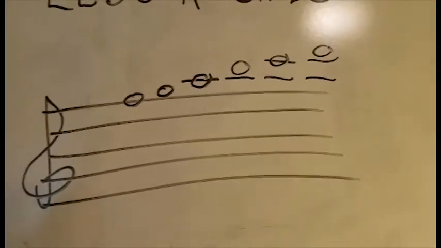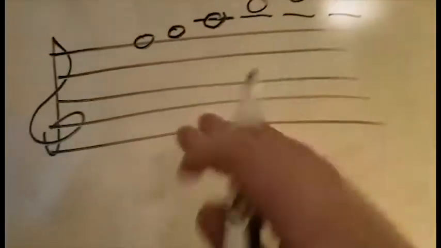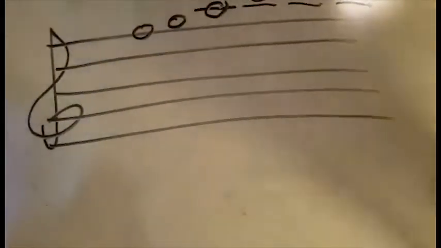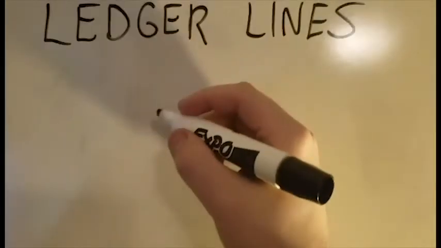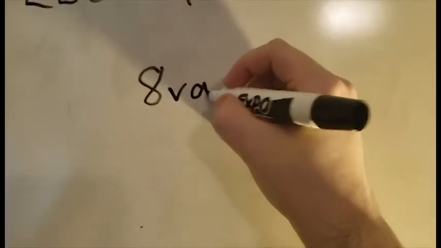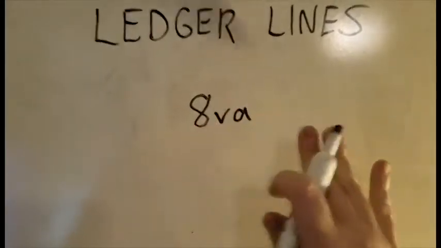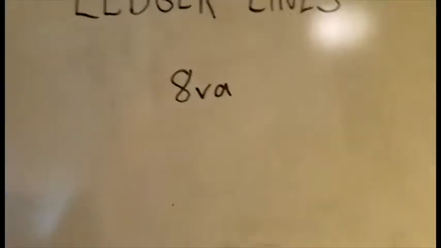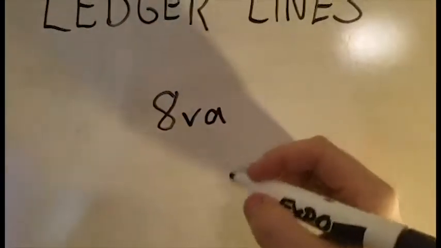One thing that you might see in music to prevent excessive ledger lines is something called 8VA. It's officially pronounced ottava, which is Italian for octave, or eighth.